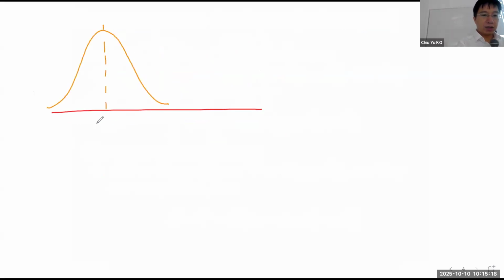Let me draw it. Suppose I have 1 bell here. Okay, have mu of X, sigma X squared, mean and variance. Now I have another bell, much larger, maybe look like this, right? Much flatter.